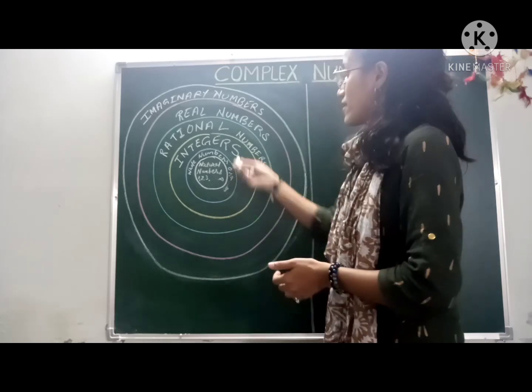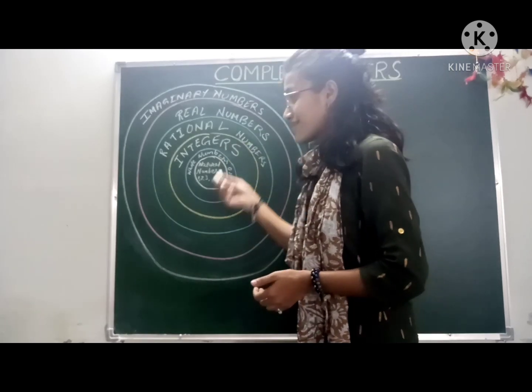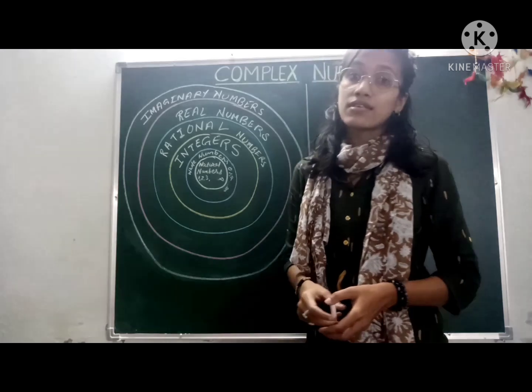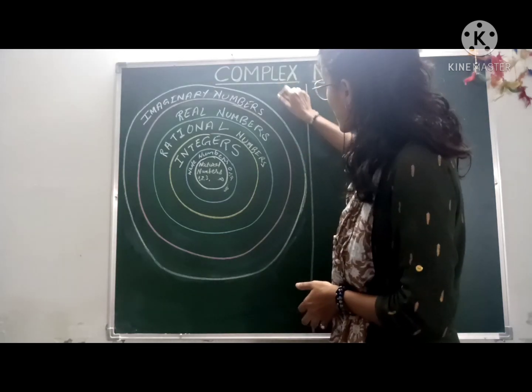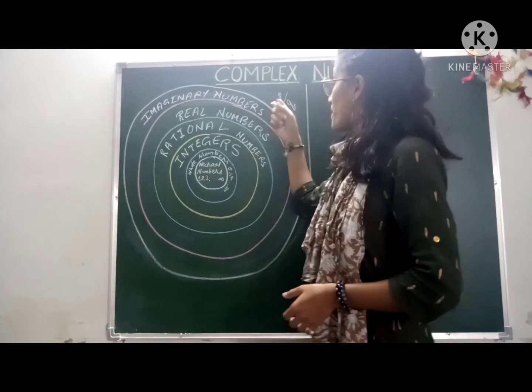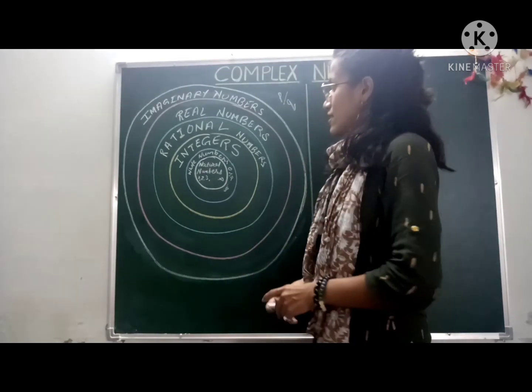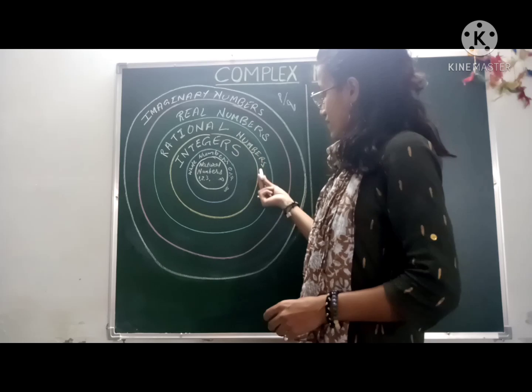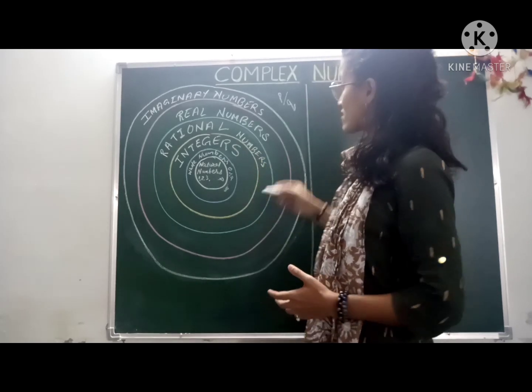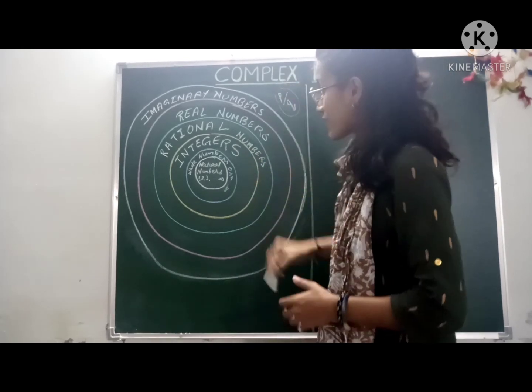We all know that. Integers do not contain numbers in p by q form. Numbers in p by q form are rational numbers.